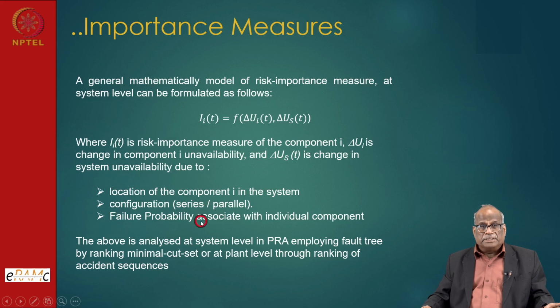And then failure probability. These two together decide the importance measure of the component, because finally we are talking about unavailability. So that will depend on the component configuration. The above is analyzed at system level in PRA, employing fault tree and minimal cut set at plant level.